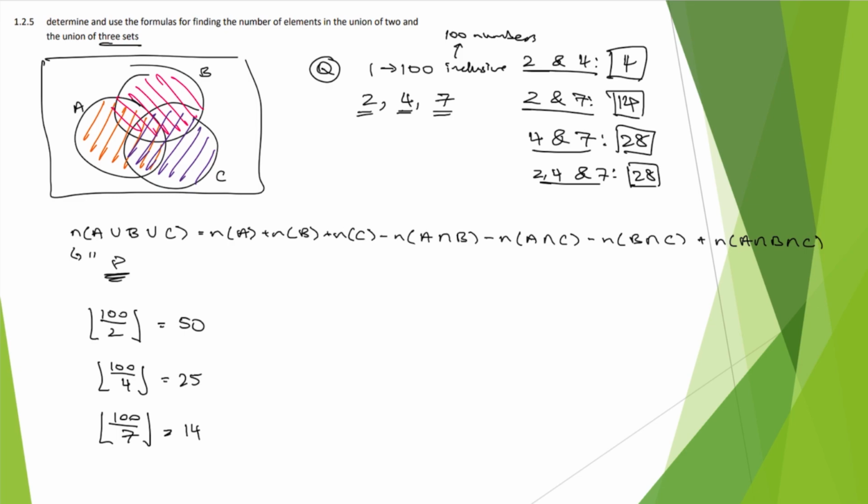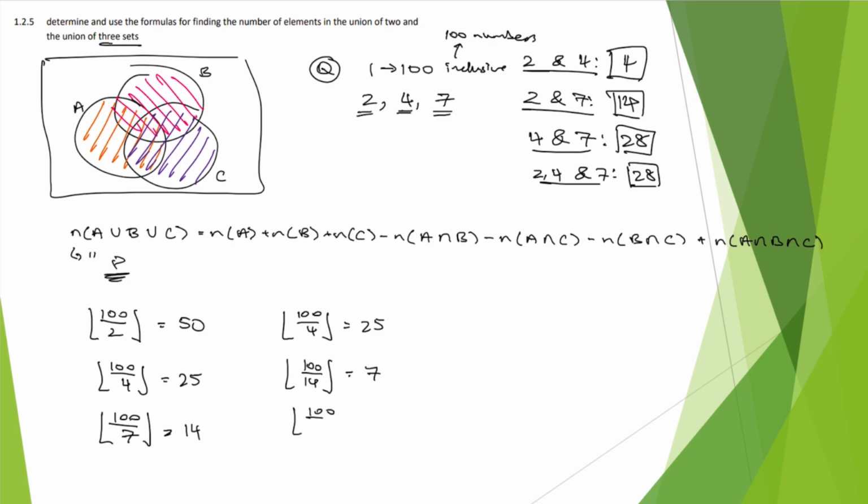Now we deal with the cases where there are multiple. The lowest common multiple of 2 and 4, to find the numbers that are divisible by both 2 and 4, that's just going to be 100 divided by 4, which in this case is 25. 2 and 7, it's going to be 14. So 100 divided by 14, in this case, is 7.14, but because it's the floor, we round down to 7.